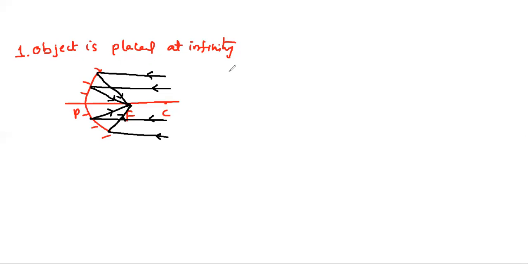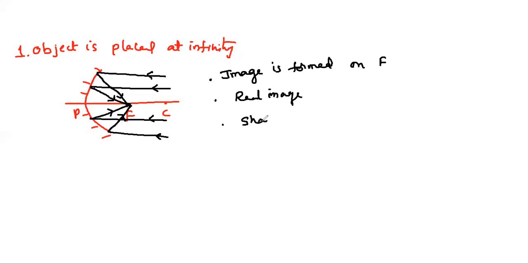Coming to the image characteristics, image is formed on focus, and since it is formed outside the mirror, it is a real image. And moreover, the image is a sharp pointed image.